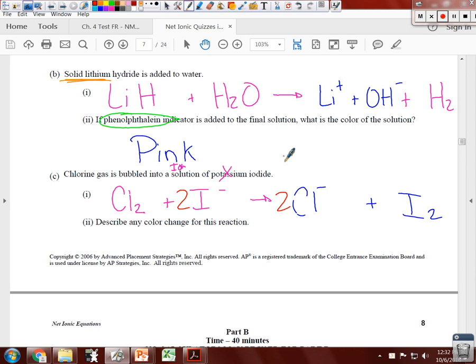It's a solid. It's black. So if iodine is a solid, it's purple. It's purple.